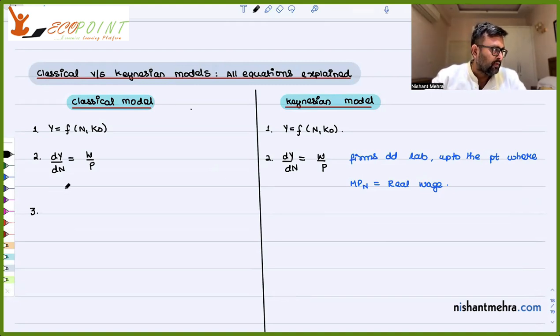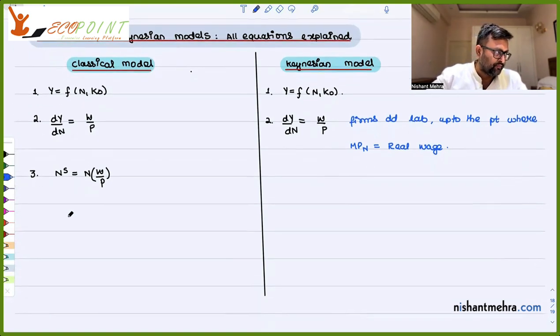Then you have supply of labor. In the classical model, labor supply depends upon W by P, the real wage, and wages are fully flexible.